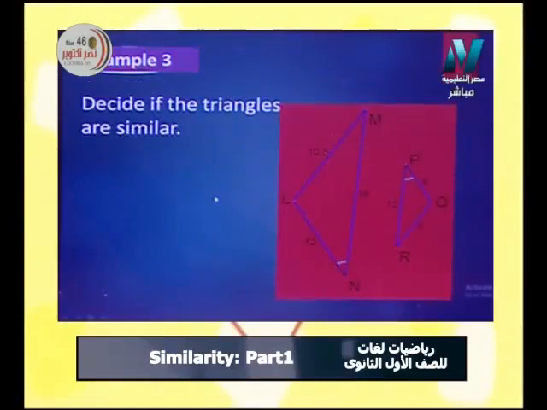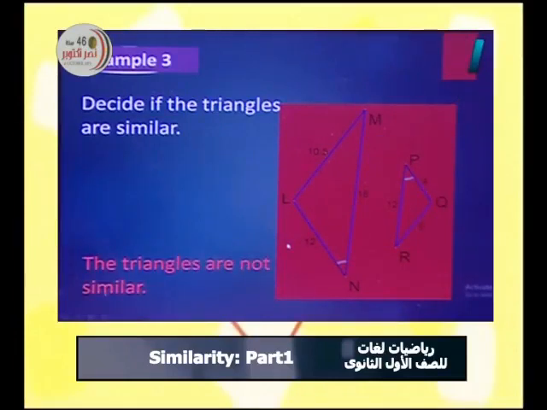Let's move to the second example. We have two triangles. The request is to decide if the triangles are similar. We have 3 sides here. The triangle LMN has sides 10.5, 18, 12, and PQR has 12, 4, and 9. Look at this. The triangles are not similar. Why? Let's explain. Here we have two triangles.